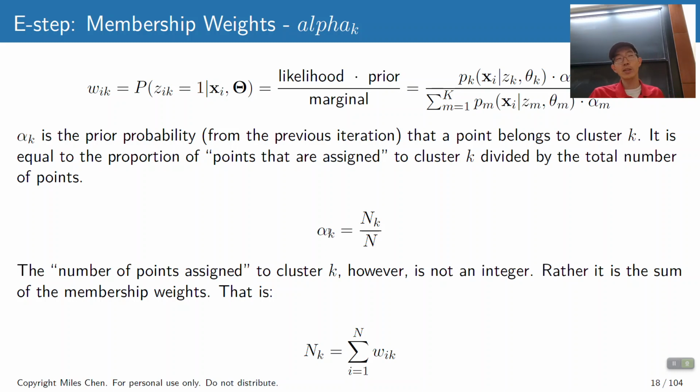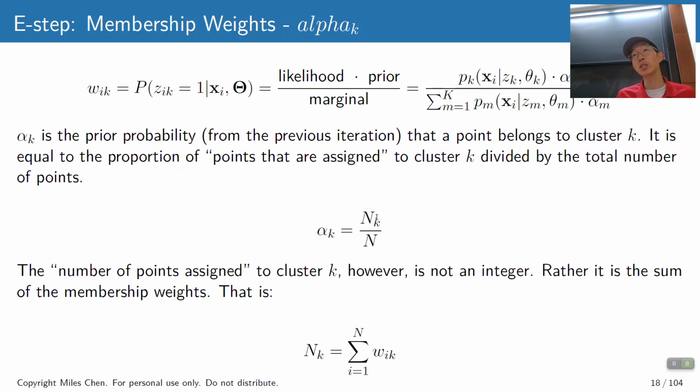So the quote number of points assigned to each cluster is actually just the sum of the weights. So this point is 99% cluster 1, so how many points are assigned to cluster 1 so far is 0.99. Maybe we have another point that's 30% cluster 1, and we add those together. So far we have 0.99 plus 0.3, 1.29 points assigned to cluster 1. And we do that for all of these. So it's not exactly the number of points.